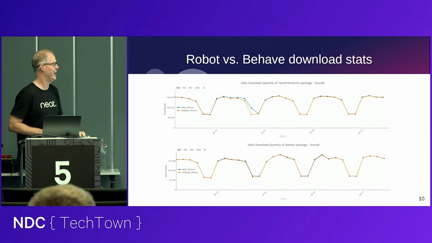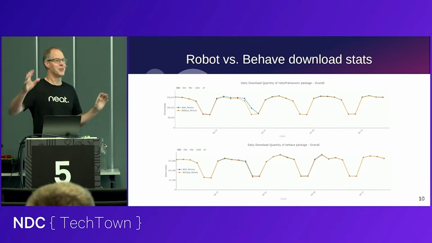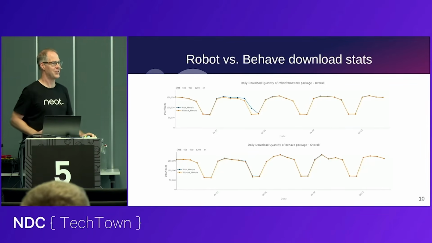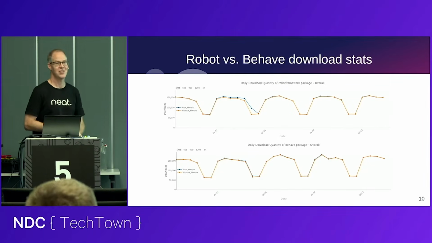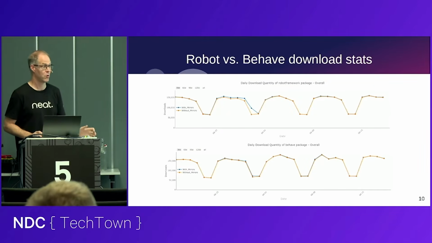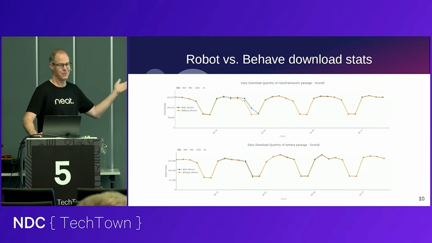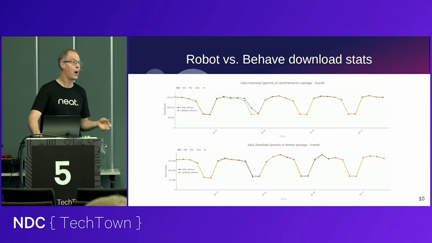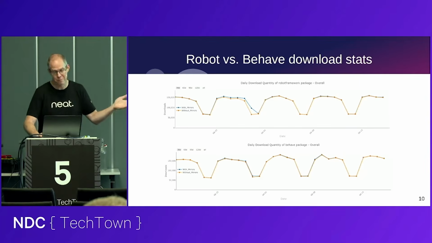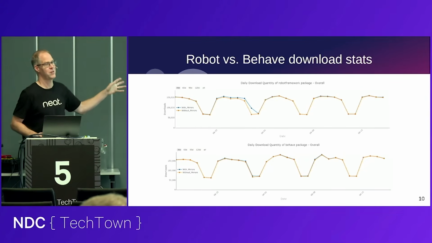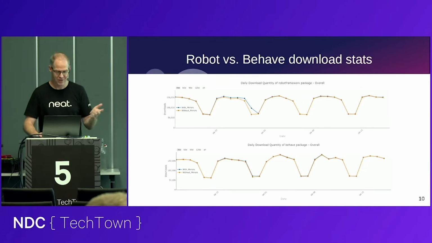So obviously these are not new users of this software every day, but they're comparable. And you can see at this current time, they're basically identical. So if you're going to look at how popular the framework is, use is basically the same.